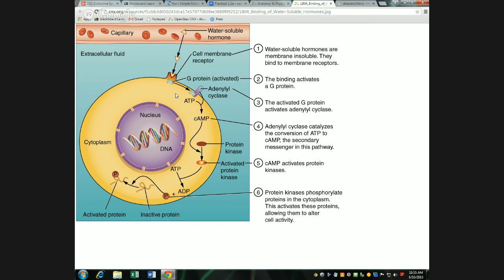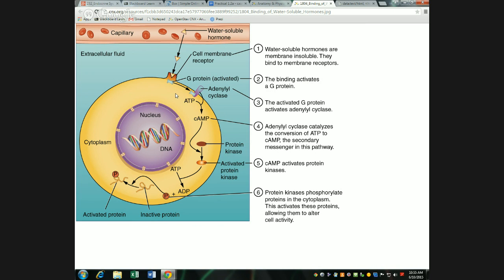Okay. The difference, however, is that this can have a lot of different effects inside the cell, whereas an ion channel just does one thing. It lets ions in. So there's a trade-off between speed and the range of effects. Hormones always need a bunch of different effects, so they always have this type of receptor system. Neurotransmitters can use both.